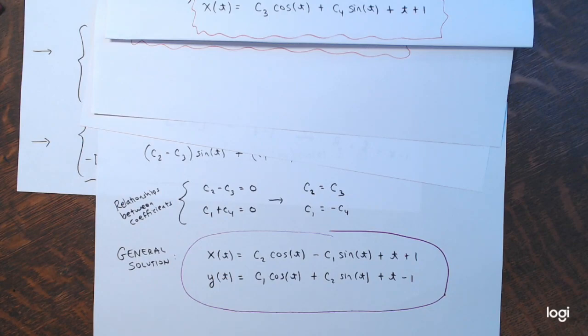Because those relationships need to be established in order to have a valid solution to the system. You can't just choose whatever you want for any constant. They need to satisfy certain relationships, as I've said many times now.